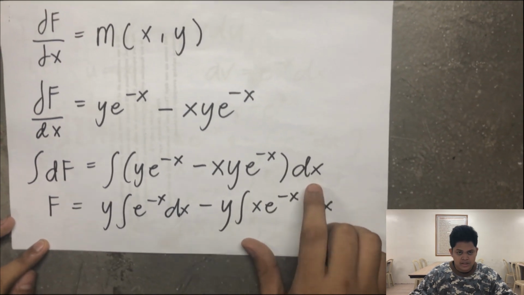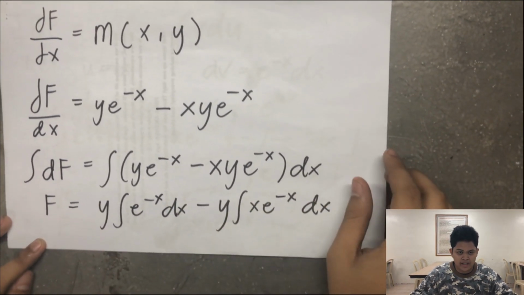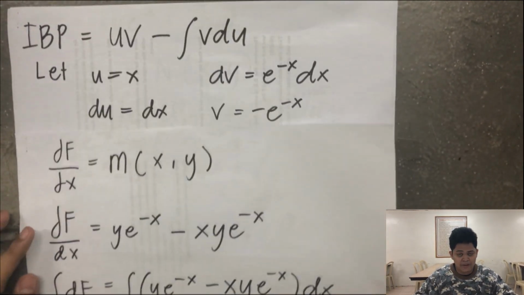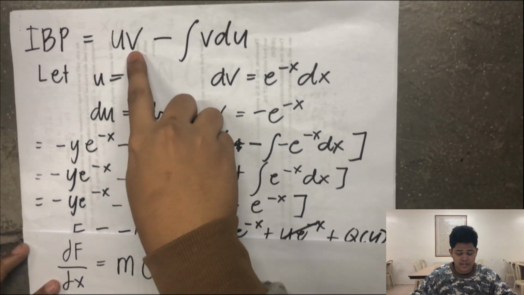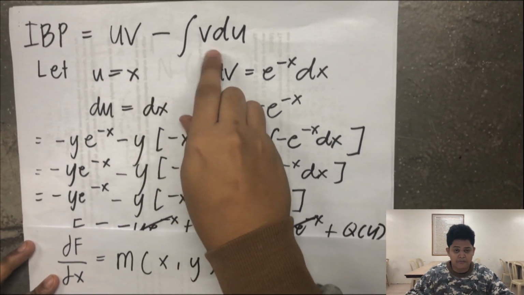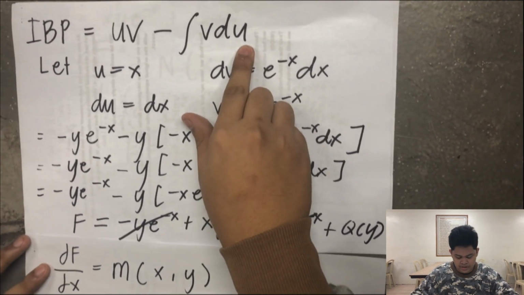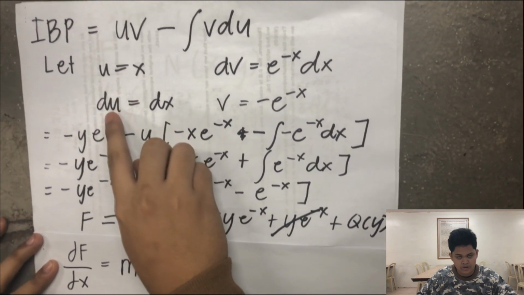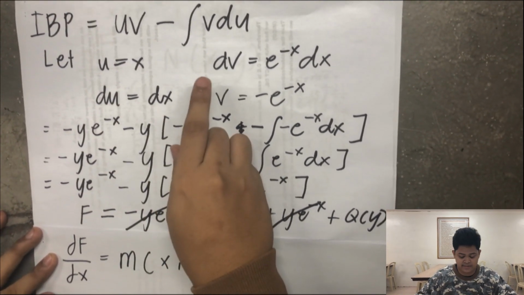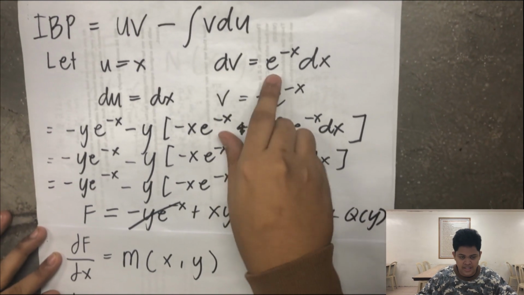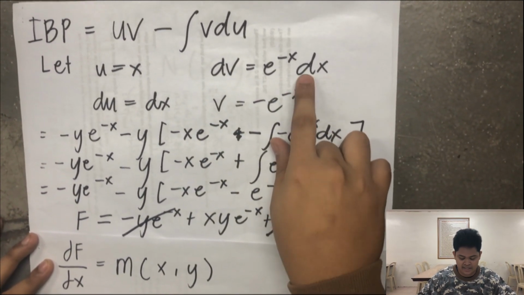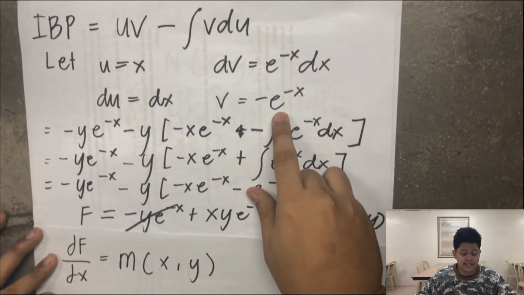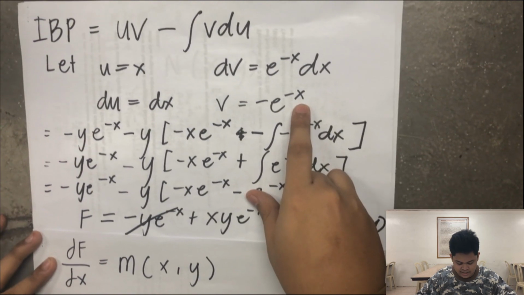We use the formula of IBP, or integration by parts. The formula for integration by parts is uv minus the integral of v du. First, we let u equal x, du equal dx, dv equal e raised to negative x dx, and v equal negative e raised to negative x.